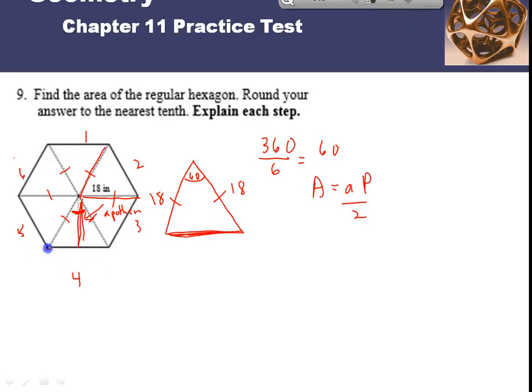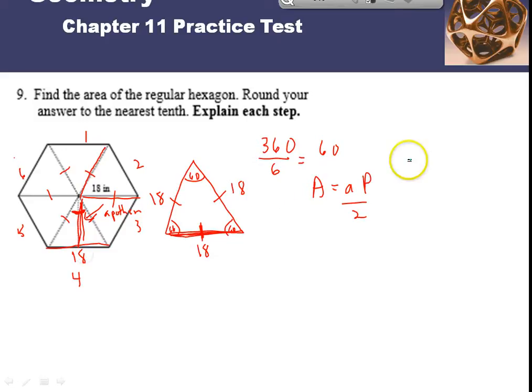Well, let's talk about it. Since this is 60, and these two angles are equal, then all 3 angles have to add up to 180, and they're all equal. So this is a 60, 60, 60, which makes this an equilateral triangle.